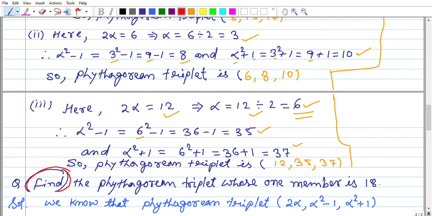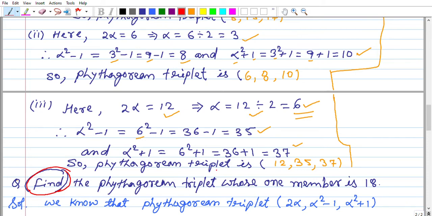We know that the Pythagorean triplet is 2 alpha, alpha square minus 1, alpha square plus 1. So I don't know what this is, but I know that 18 is one of them, because here is written find.